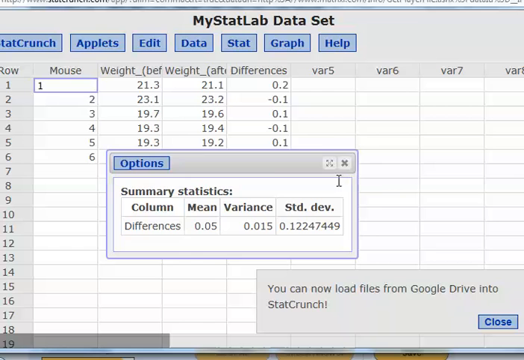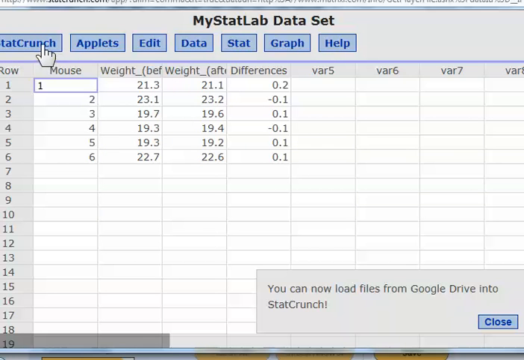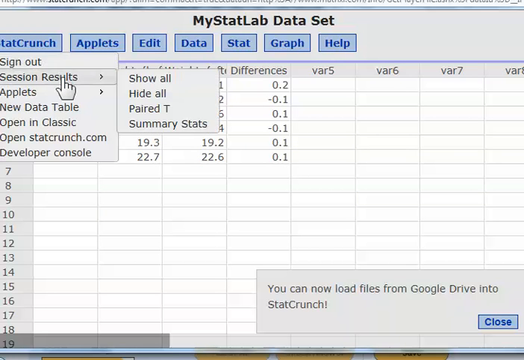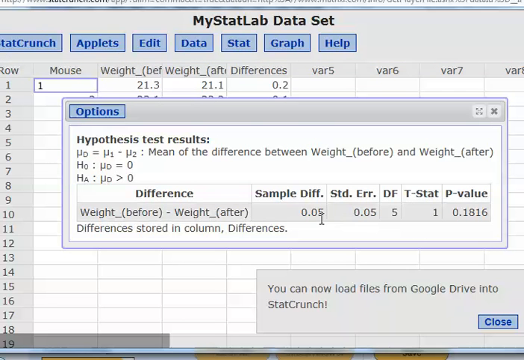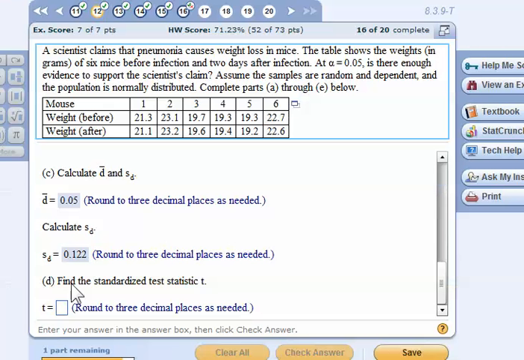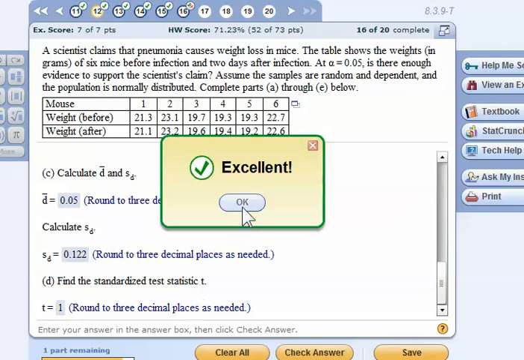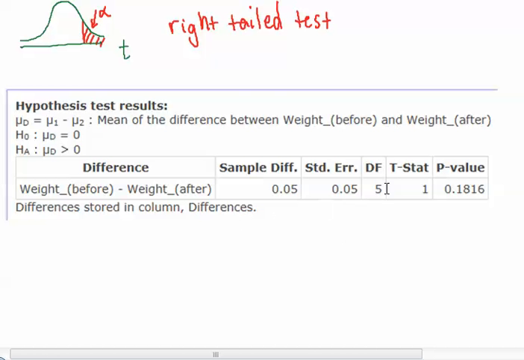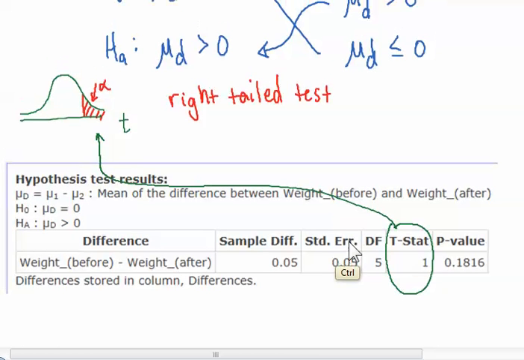If you didn't copy and paste it or write it down, it's still in your StatCrunch for the open session. Click on StatCrunch, go to session results, go to the paired T test that you did, and it will have it there. The T statistic is a 1. Or if you had written it down like I did, you've got it right here. What that means is that we've got our standardized test statistic falling... Oh, actually, give me just a moment here.